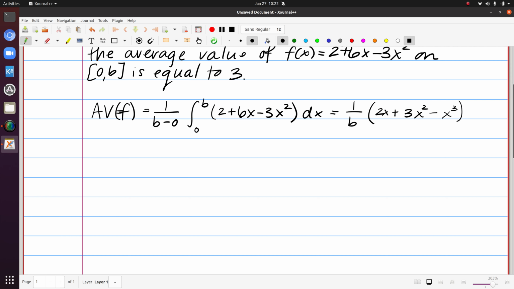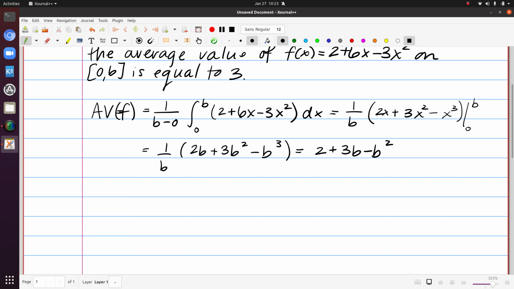And we're evaluating that from 0 to b. So when we plug in our endpoints, we still have this 1 over b, and I'm going to have 2b plus 3b squared minus b cubed. And so when I divide by b, that's going to leave me with 2 plus 3b minus b squared.